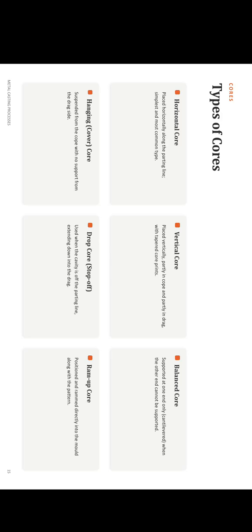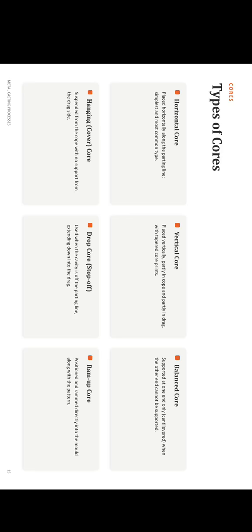Types of core. There are six types of cores: horizontal core, vertical core, balanced core, hanging or cover core, drop core, ram up core. Horizontal core: placed horizontally along the parting line, simplest and most common type.